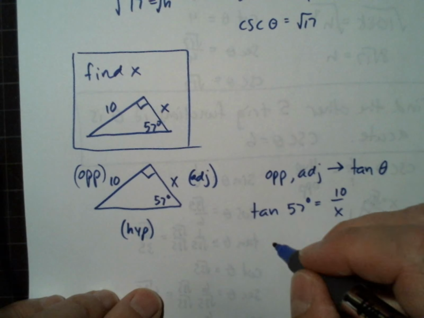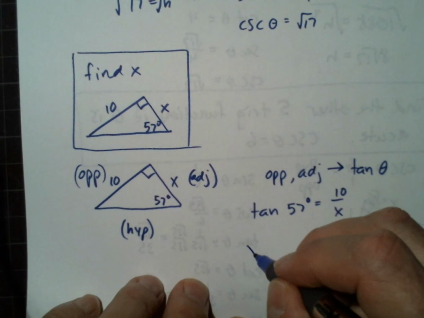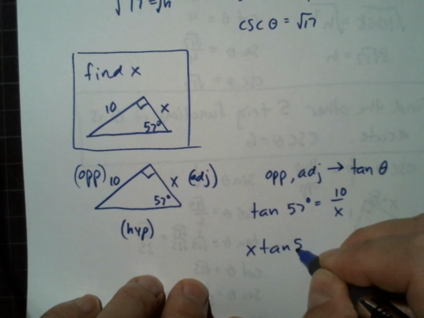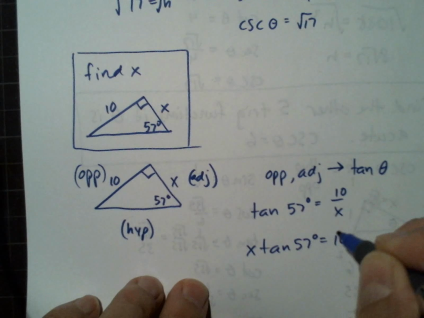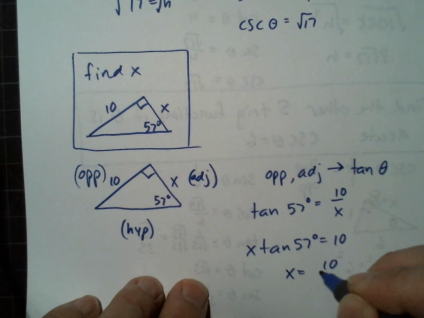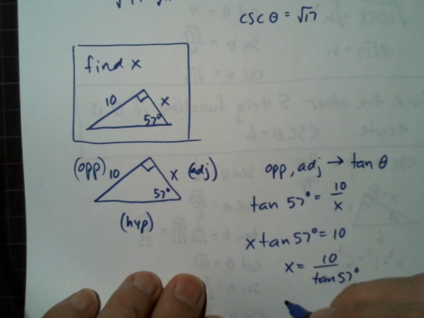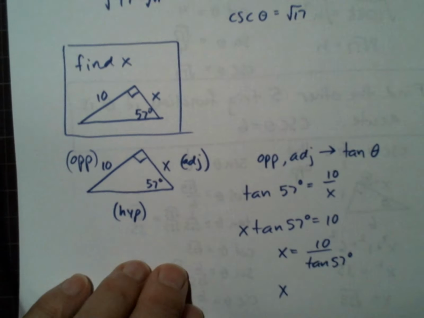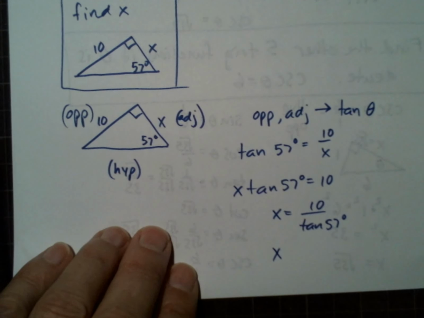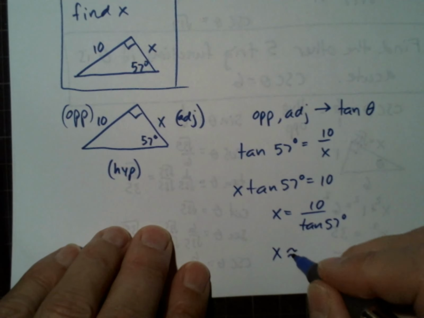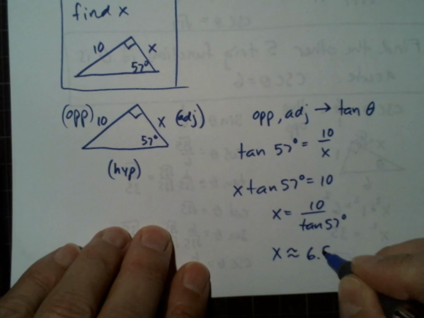We could multiply both sides by x. Divide by tangent of 57. We get 6.5.